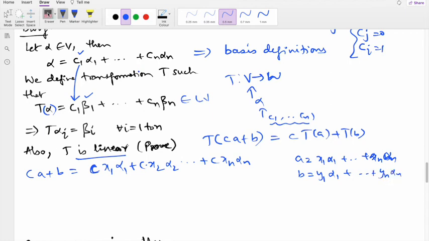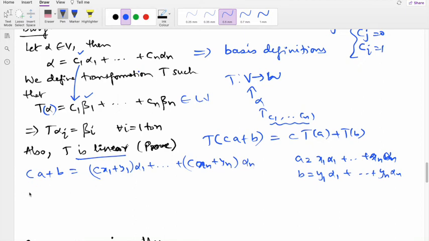So this becomes C times X1 plus Y1 times alpha 1, and so on up till C times Xn plus Yn times alpha n.